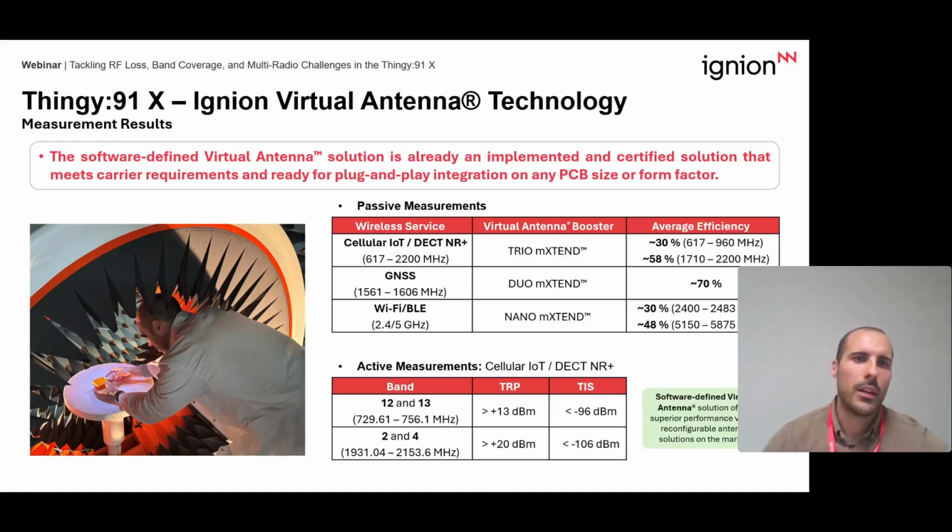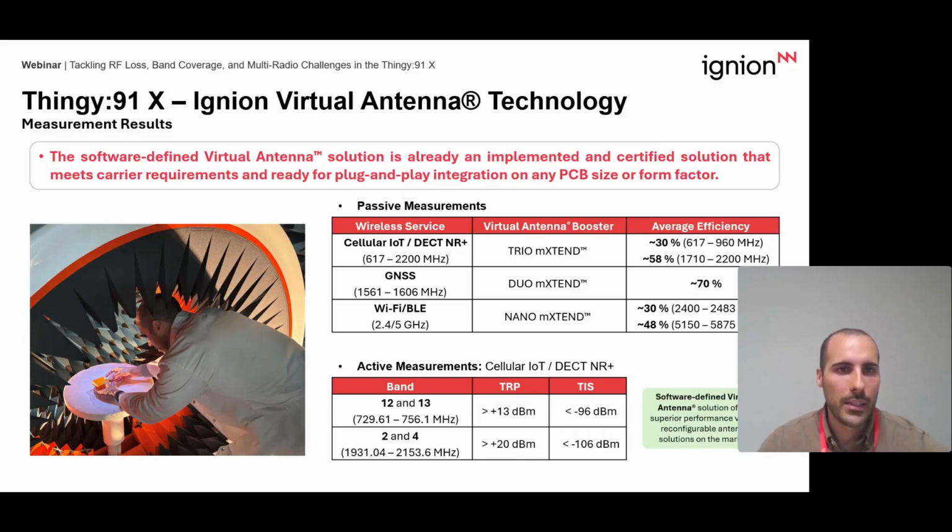Thanks, Martin. I hope, yes, you did it very, very clear, and you showed to the audience how simple it is. So now let's move on to reviewing the measurement results. As we can see, on one hand, for the cellular IoT range, the Thingy91X shows around 30% average antenna efficiency at the lower frequency bands, and an average of 58% at the higher ones, thanks to the 3-extent antenna booster.